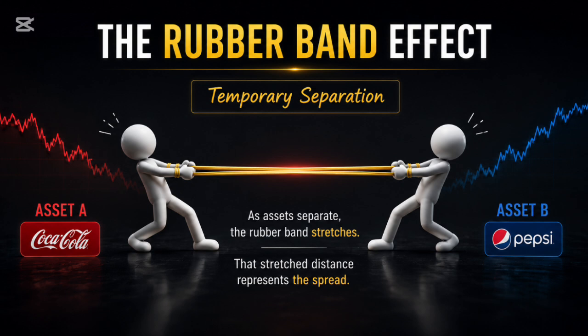That stretched distance represents the spread. In many statistically stable relationships, the assets eventually move back towards each other again. It doesn't just stay stretched.